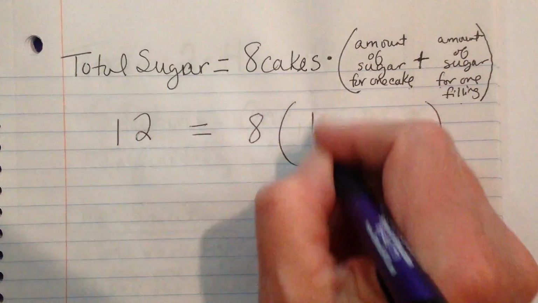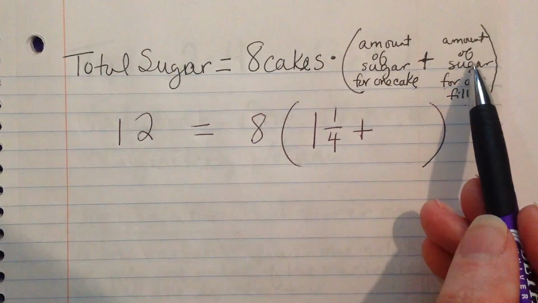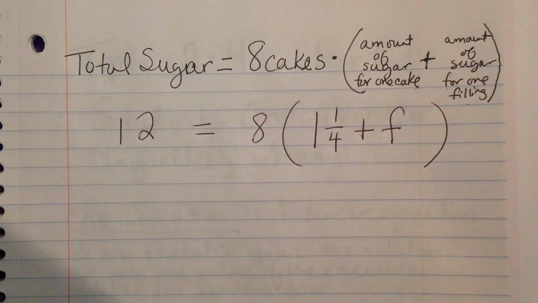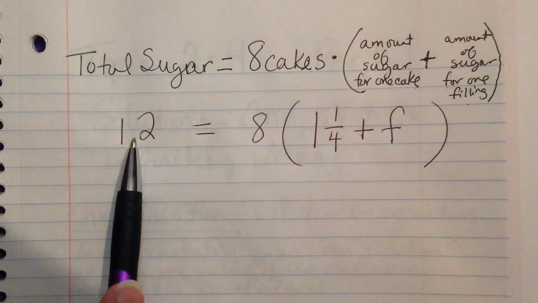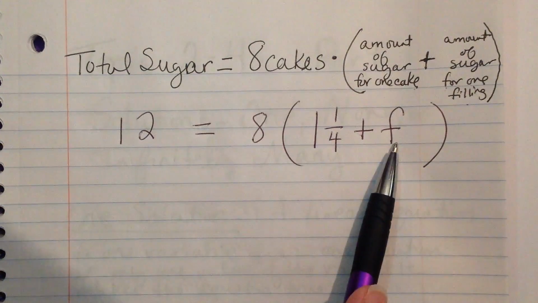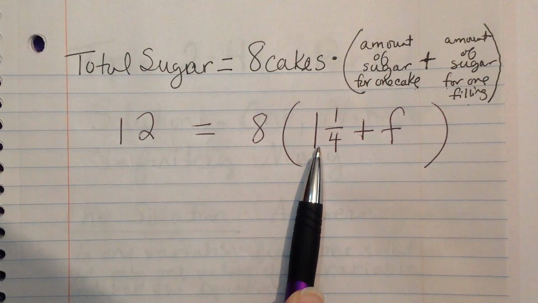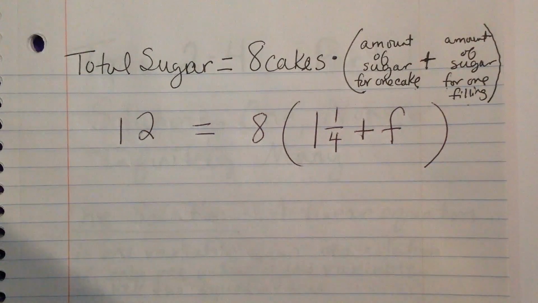The amount of sugar for 1 cake is 1 1/4 plus, but we don't know the amount of sugar for 1 filling. Therefore, that is F. Remember, our F represents the number of cups of sugar needed for 1 filling. So I have total 12 cups of sugar is equal to each cake requires 1 1/4 for the cake of sugar, and then F represents the filling required with the sugar, and there's 8 of these cakes.